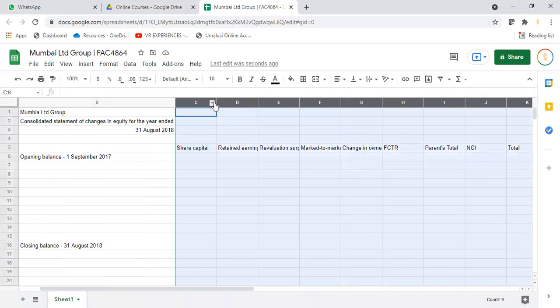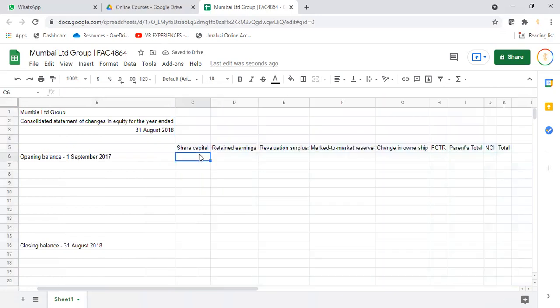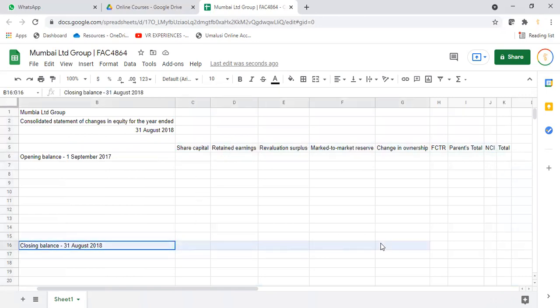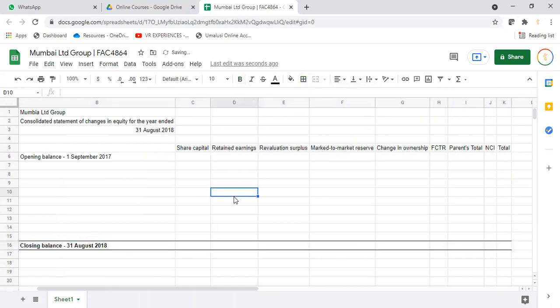Now we must explain how this opening balance went to the closing balance. That is what we're going to have to explain. In most cases, they're not going to ask you for share capital because for our purposes, not in the real world, there is no change in share capital.